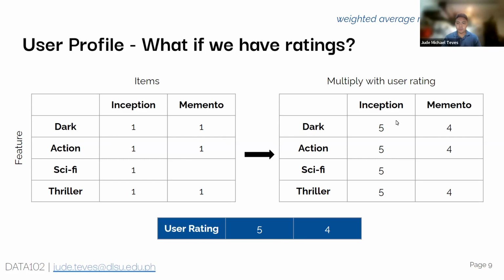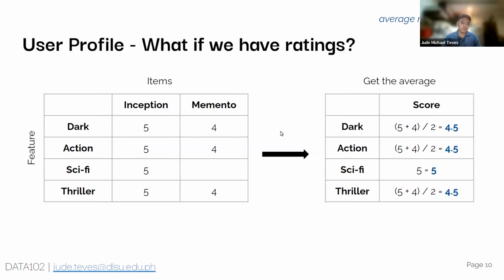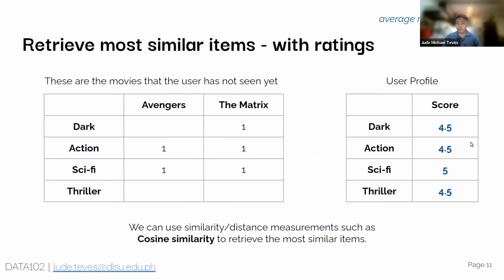So it will now be 5 for Inception and 4 for Memento. And then we get the average, similar to the previous one. It's still the same, but we have just added that multiplication of the user's ratings. Now we will end up with this user profile, 4.5, 4.5, 5, and 4.5 for those 4 genres.